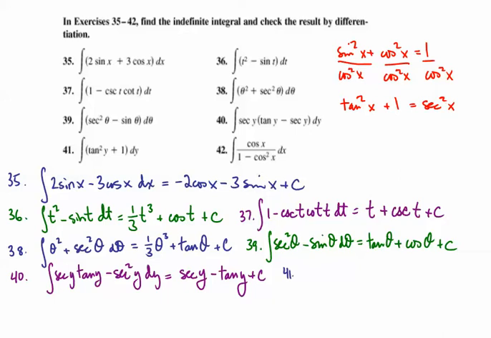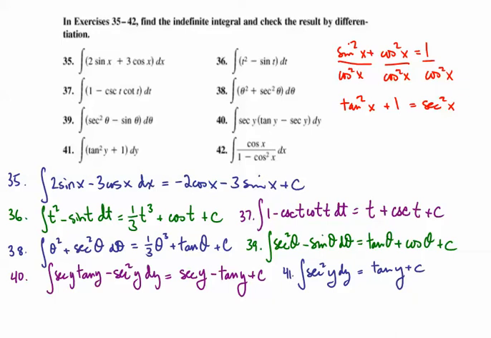And so we're simply going to write number 41 as the integral of secant squared of x dx. We know that the function whose derivative is secant squared is just tangent, sorry. And we should be writing in y's here. And so we get secant squared y dy, and the integral of secant squared y dy is tan y plus c.